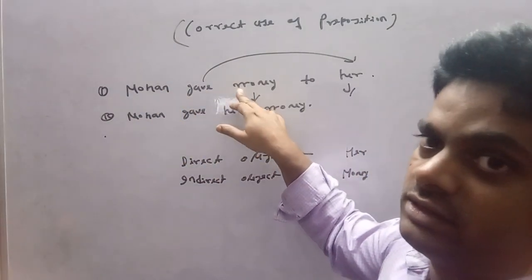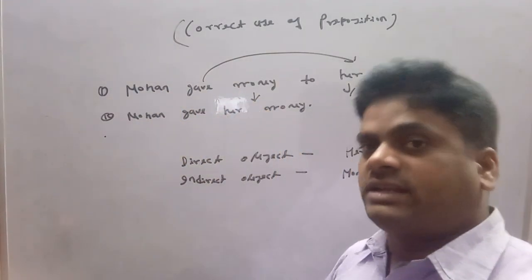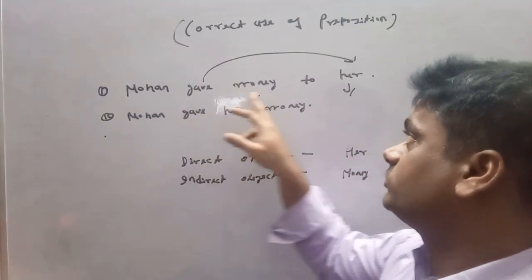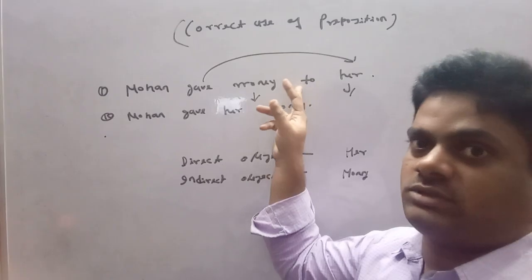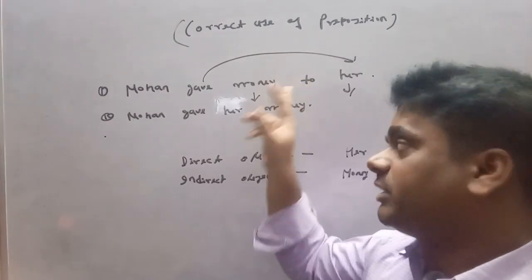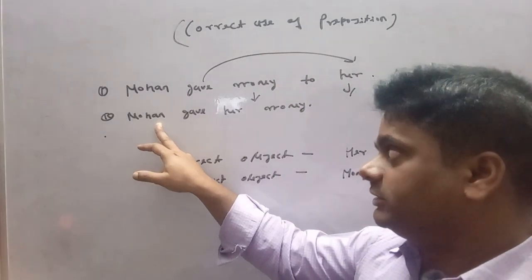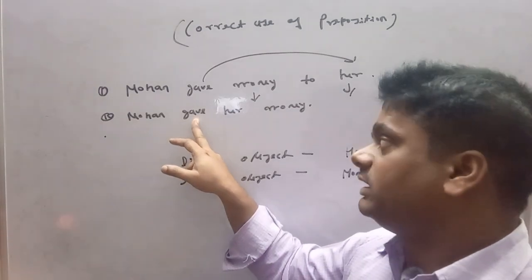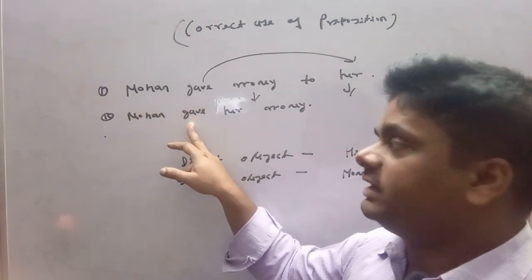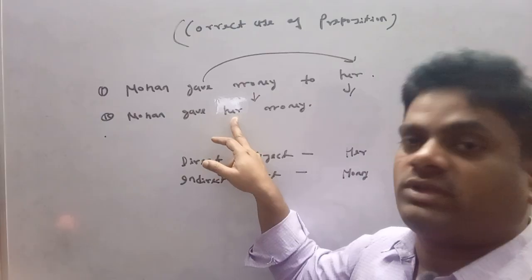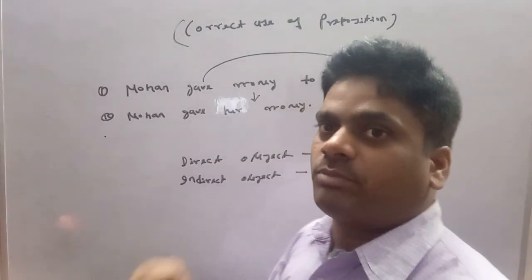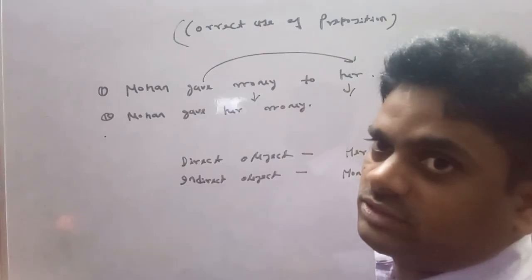Money is secondary object, and in order to associate the secondary object to its primary object, we have used the preposition to. But in case of second sentence, the subject Mohan and the verb give has found its primary object. So, we would not need any type of preposition to associate the primary object to its secondary object.